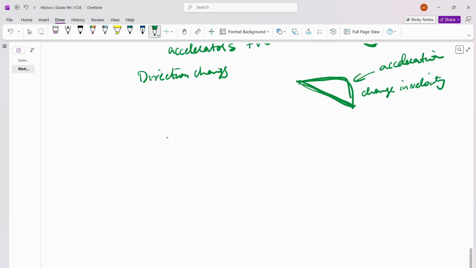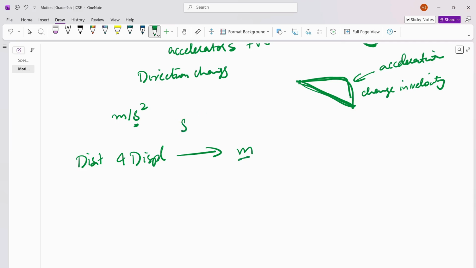Okay, fine. Now we have the unit of acceleration. Unit of acceleration is meter per second square, which means that velocity changes every second. So that is why we have meter per second square. Okay, now let's go through all the units. So we have distance and displacement. The unit is meters.